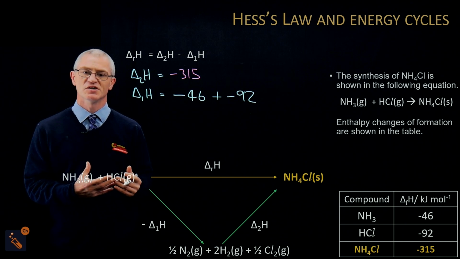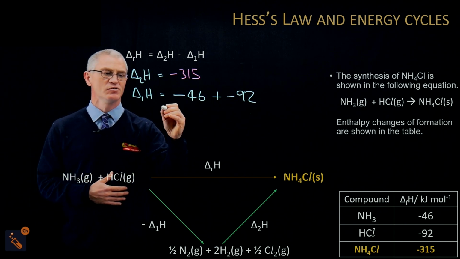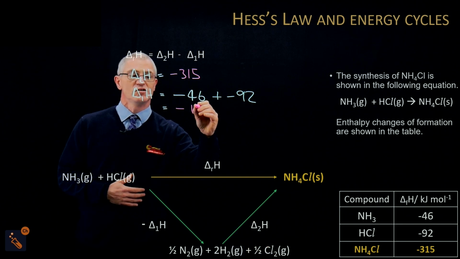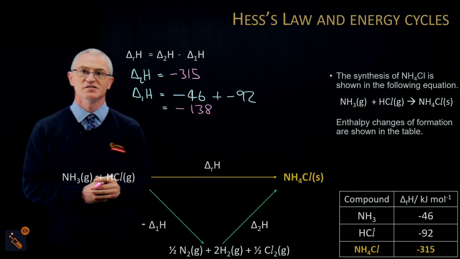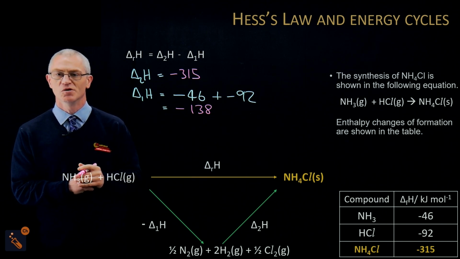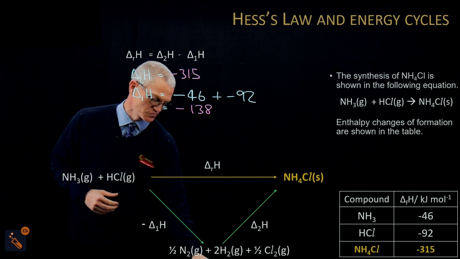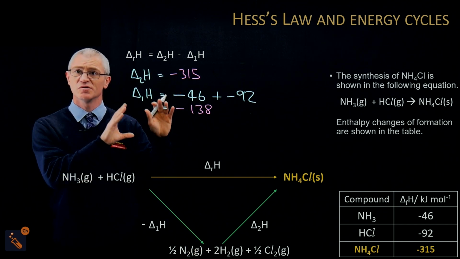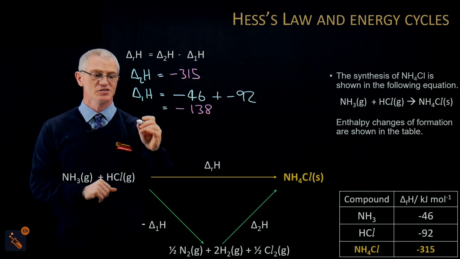If you put both of those together, that is going to be equal to minus 138. And again, all of these units are in kilojoules per mole. That's the way we've got so far. We've got 2 and we've got 1. We just need to put them into the expression.